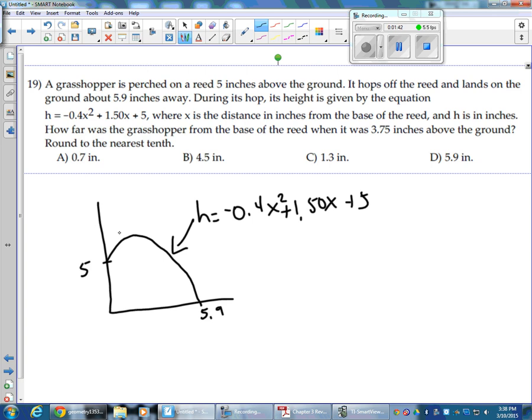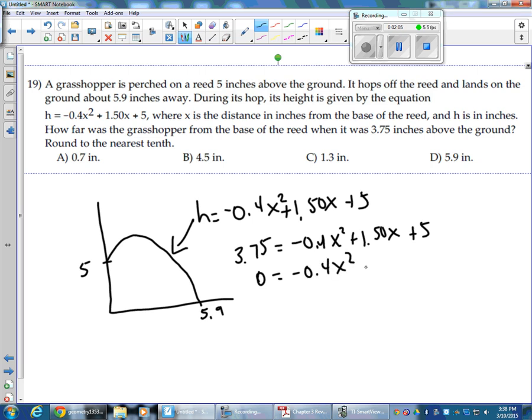How far was the grasshopper from the base of the reed when it was 3.75 inches above the ground? So we want to know when the height was 3.75 inches. So put 3.75 where h was. There are a few different ways you can solve this. I'm going to set it equal to 0 and use the quadratic formula.